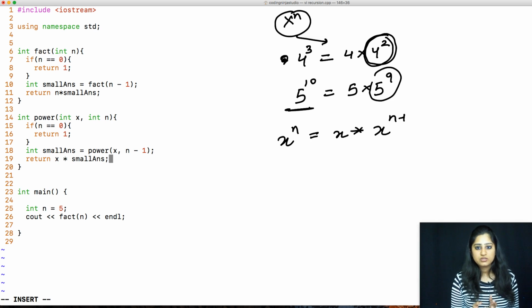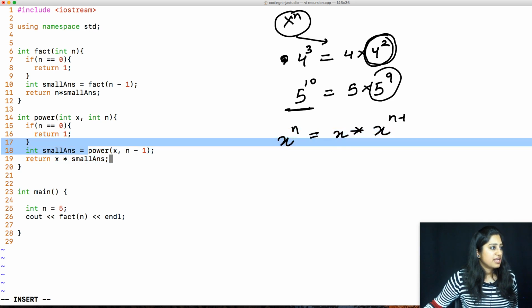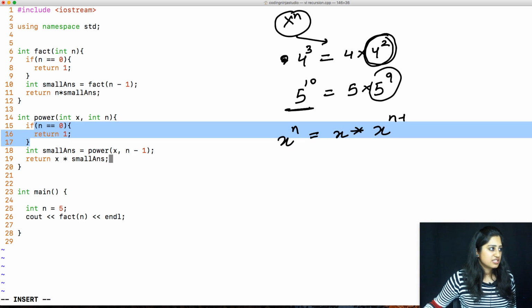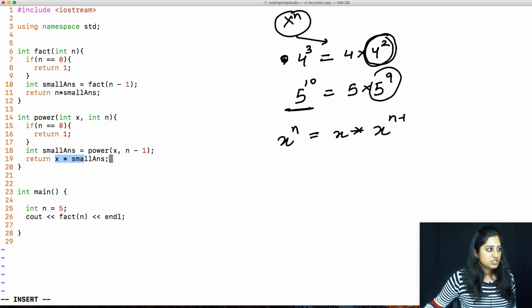So if I have to calculate x to the power of n, I need x to the power of n minus 1, and we'll trust recursion and assume that power x to the power n minus 1 will work fine. I just need to be careful that my base case is fine and my calculation part is correct, the recursion will do its way.